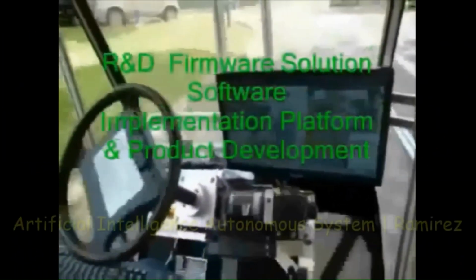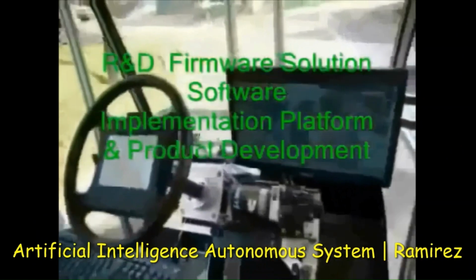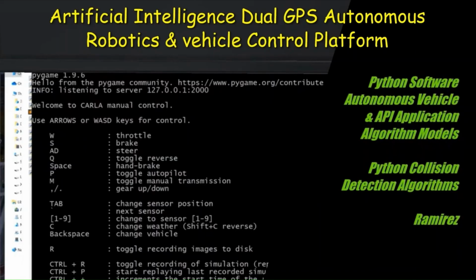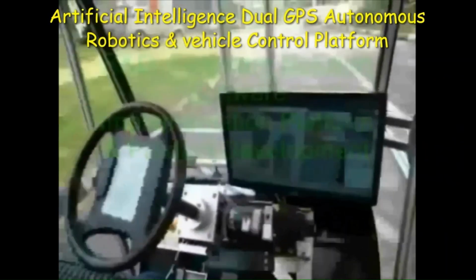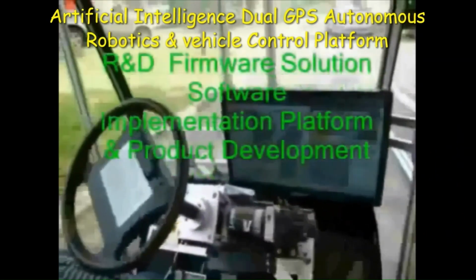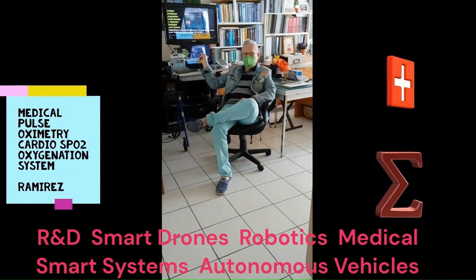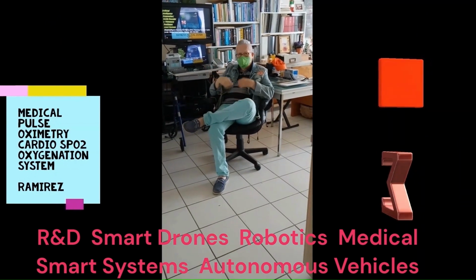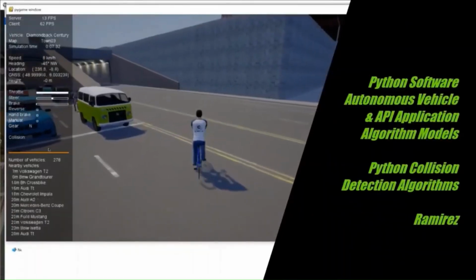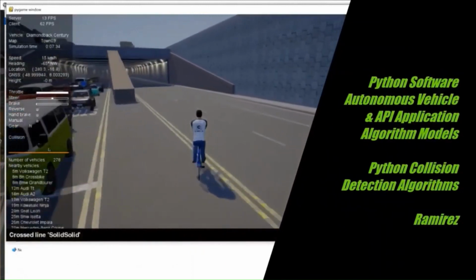In this case, the artificial intelligence vehicle system is the middle hardware layer, which provides the system with its autonomous movement and path planning capabilities.